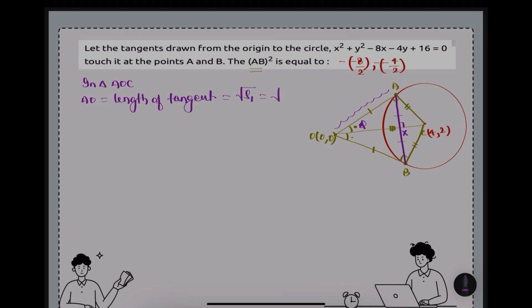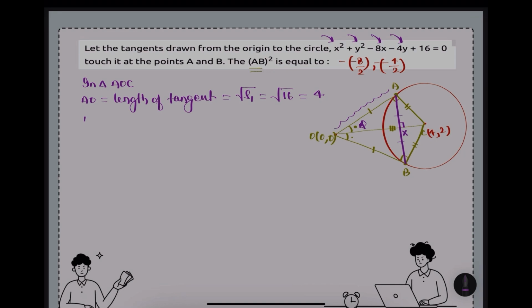What is root S1? You have to satisfy the point in the curve. So 0 square is 0, 0 square 0, minus 8 times 0 is 0, minus 4 times 0 is 0. You got 16, so you got 4. So the length of tangent AO will become 4.